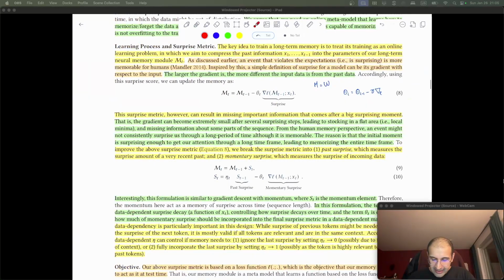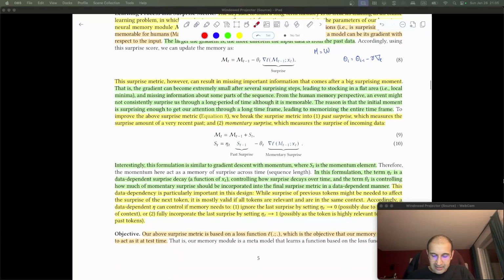And the idea for them to introduce the surprise is as follows. They said, okay, if I train my memory to recreate the data, then it can miss new data after it sees some novel data. So maybe there is some new data that the model should memorize, but the gradient disappears after a while, so the model will miss it.